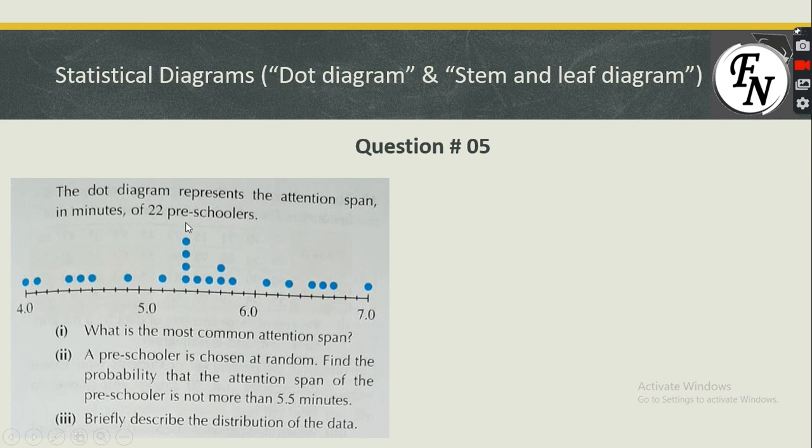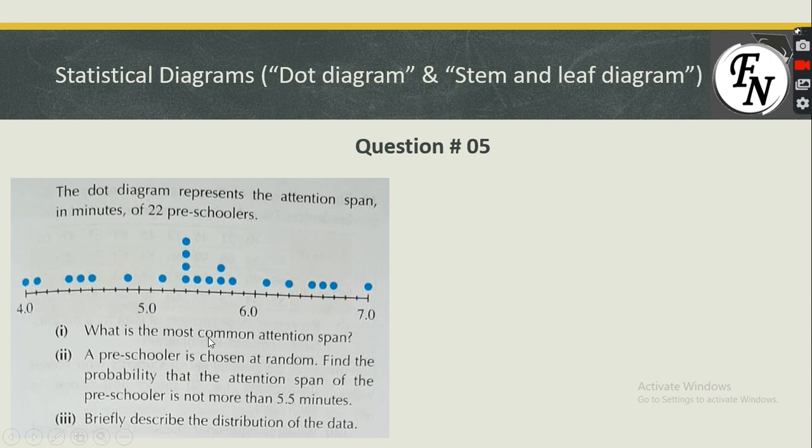So looking at question number 5, this is 22 preschoolers. Their attention span time is recorded on a dot diagram, and these are the values. So what is the most common attention span?